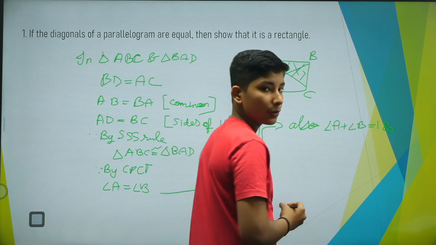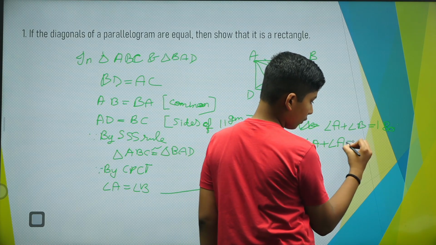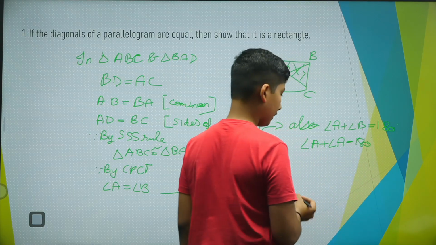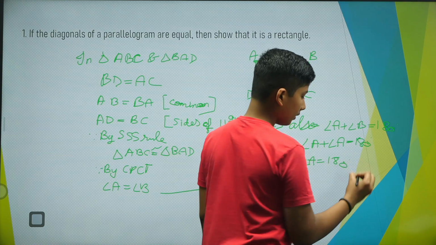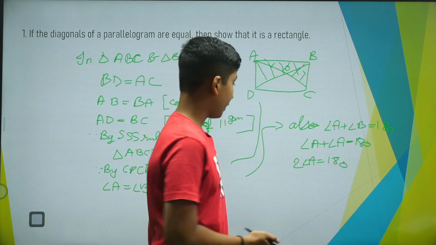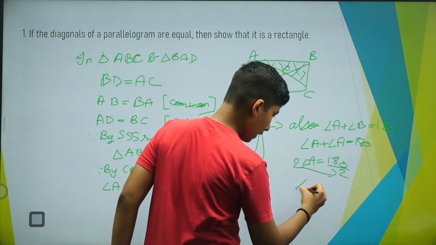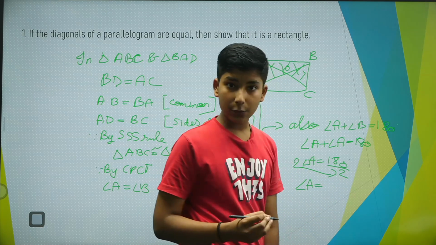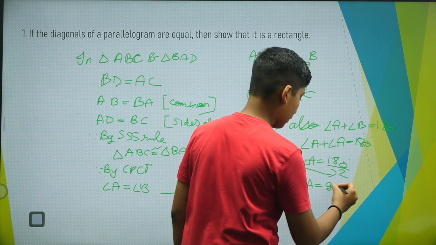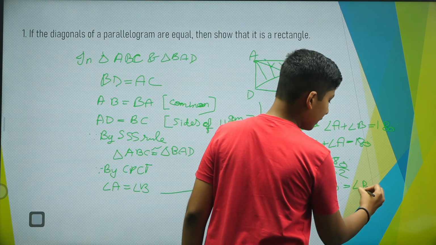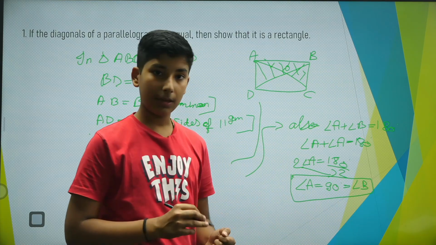Angle A equal to angle B, so we can write angle A plus angle A equals 180 degrees. 2 times angle A equals 180 degrees. So angle A equals 180 by 2, which is 90 degrees. This is also equal to angle B, because angle A and angle B are equal.